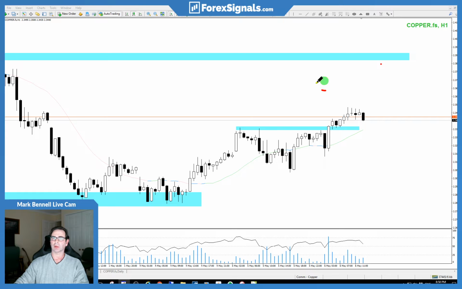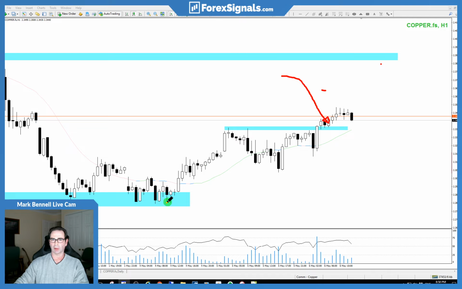Okay, so here was the entry. On the 4-hour, or even on the 60-minute, here's our ABC in here. So here's B wave, and price shot straight through it. And here's a wider accumulation through there.